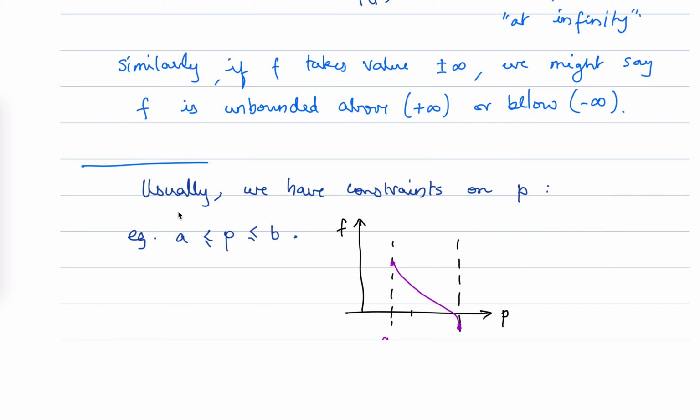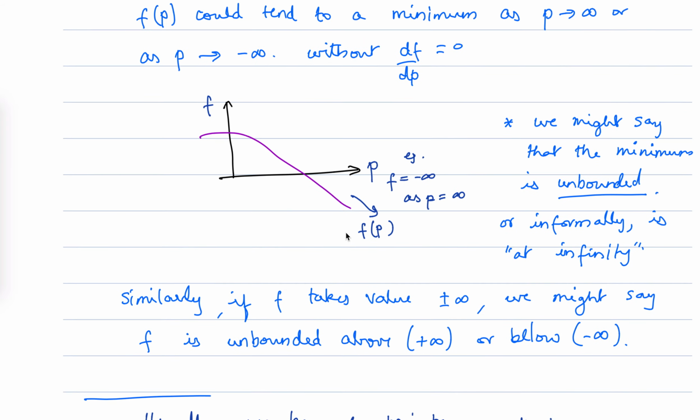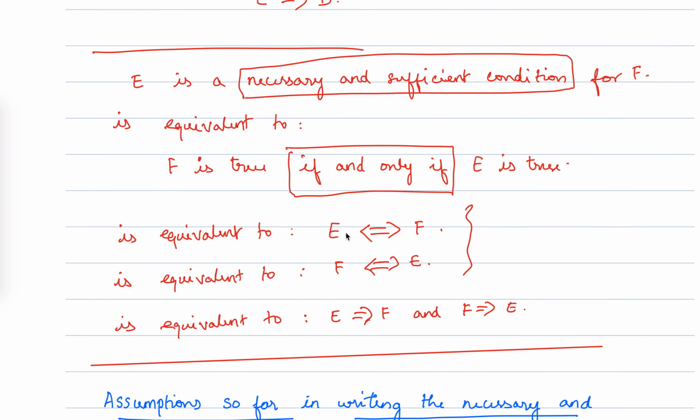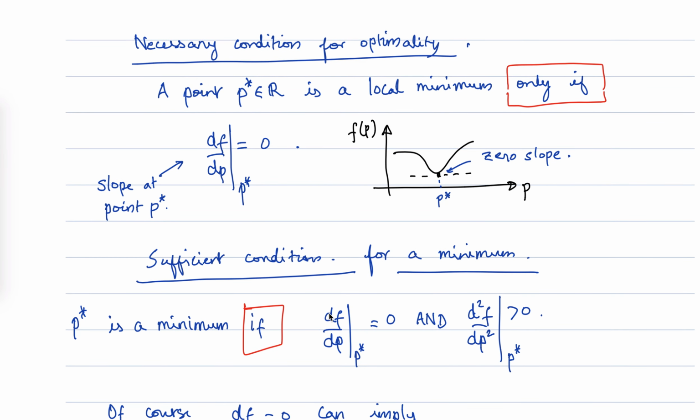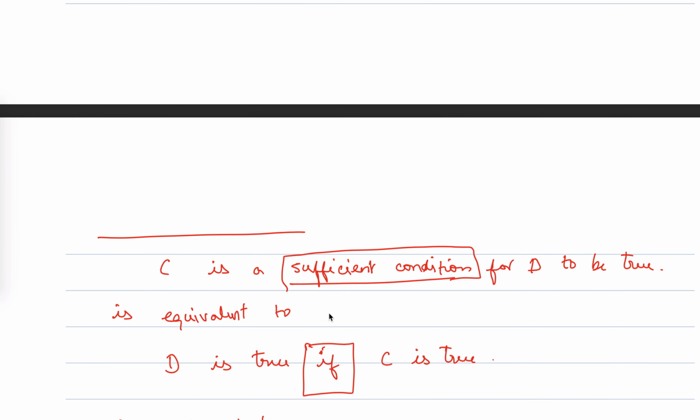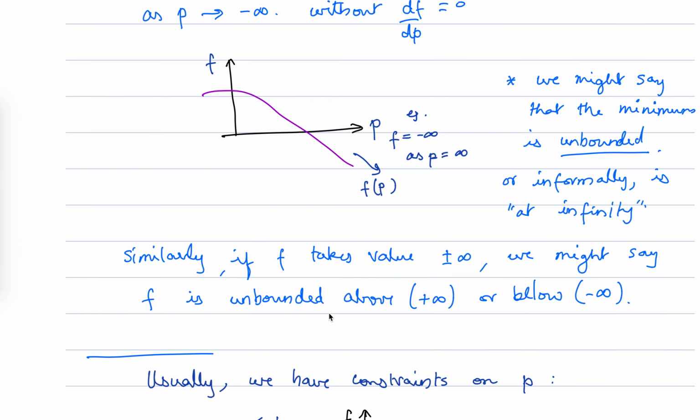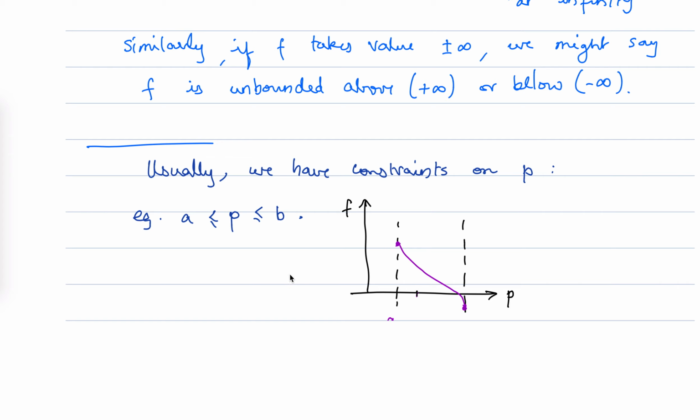Another little caveat is that the range of values that your parameter p might assume might be bounded. Depending on the situation, you might say p is allowed values between a and b, including a and b, and again this condition that the slope needs to be 0 is no longer necessary when you have these bounds.